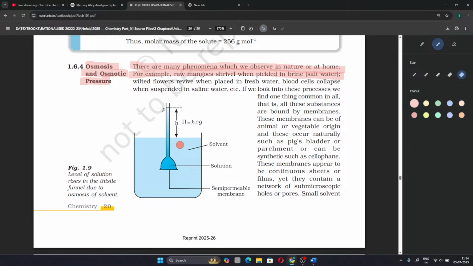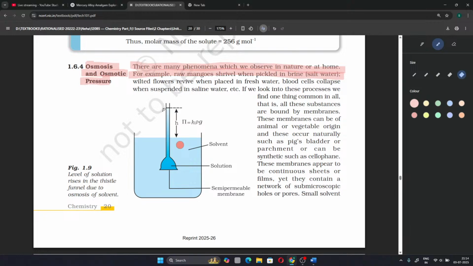Basically, there is a loss of water, meaning the solvent molecules go from higher concentration to lower concentration. The salt water has a lower concentration of solvent molecules, not solute.